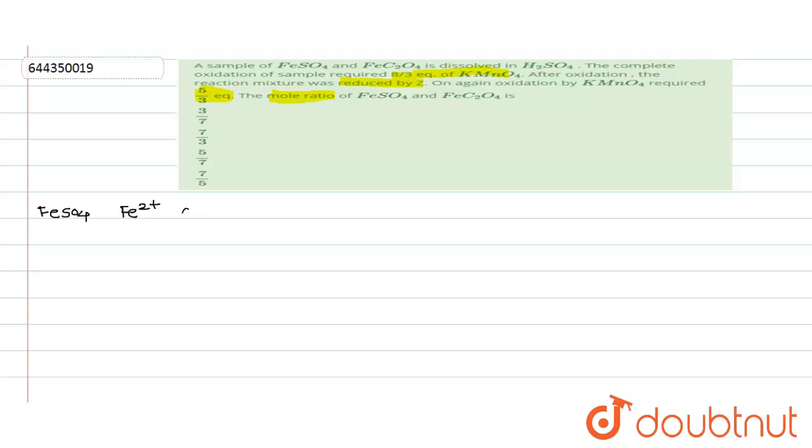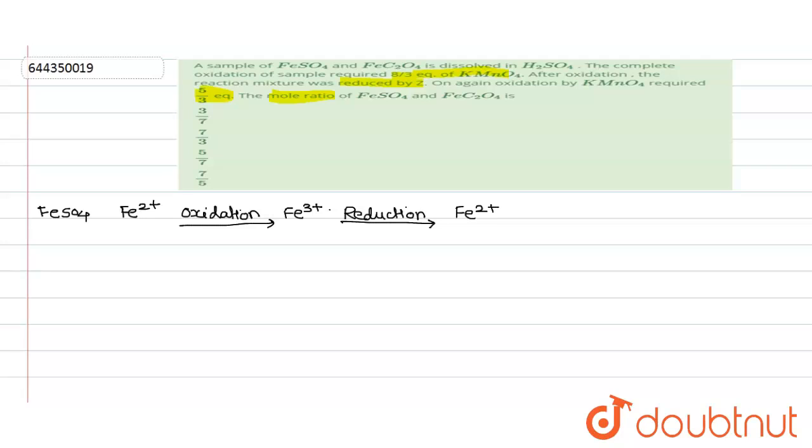After oxidation, it will lose one electron and become Fe3+. Now, Fe3+ after reduction, after gaining an electron from zinc, the question says it is getting reduced by zinc, so it will become Fe2+.